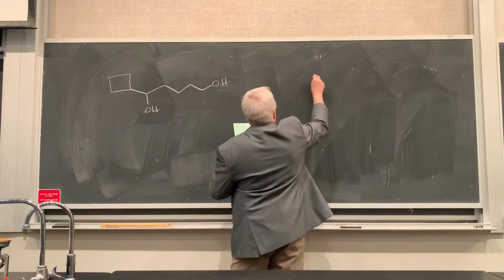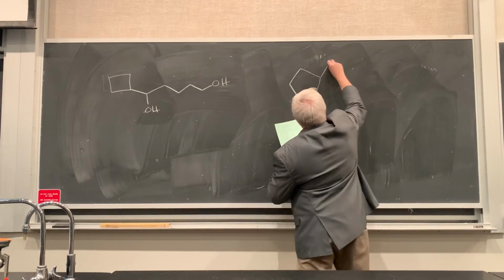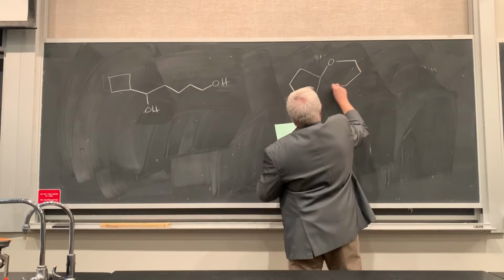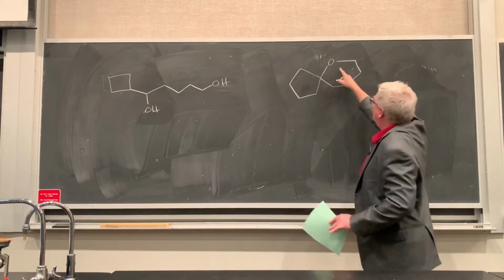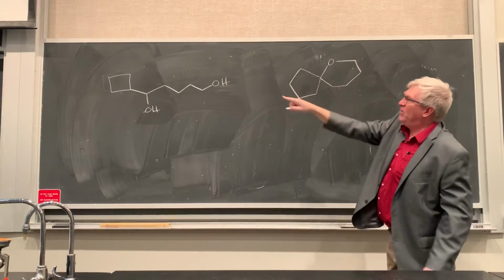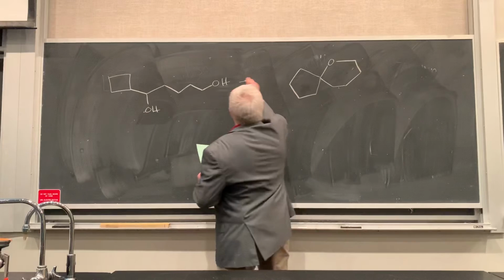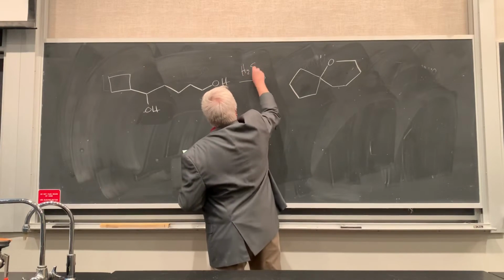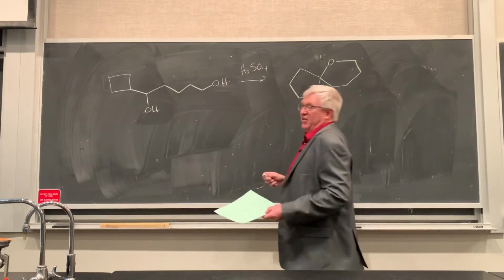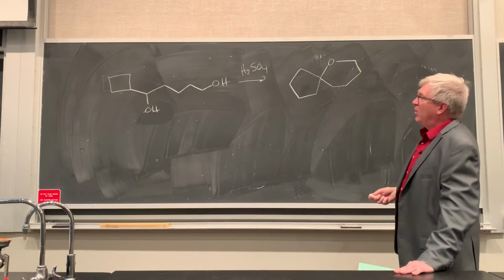We're going to give you the product, which is this cyclopentane, and then this six-membered cyclic ether here. And we're starting from this cyclobutane, and you're told here that the only reagent is sulfuric acid, which is dehydration conditions, or at least forming carbocations.